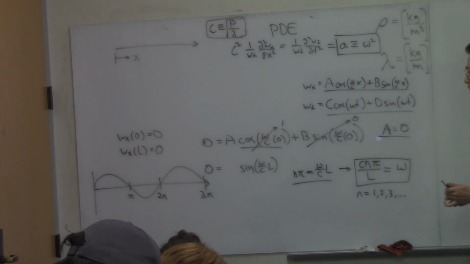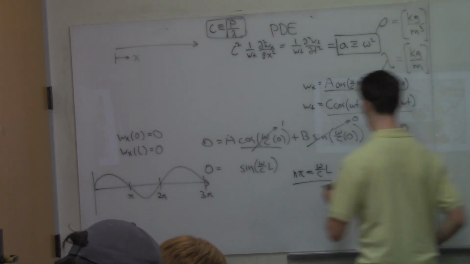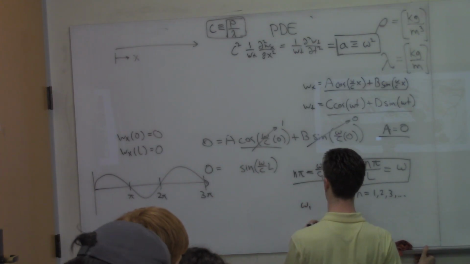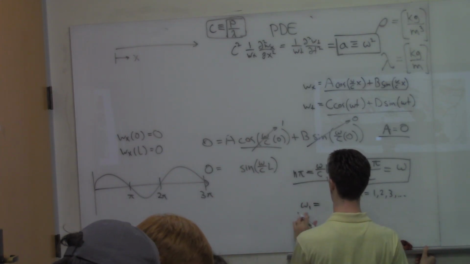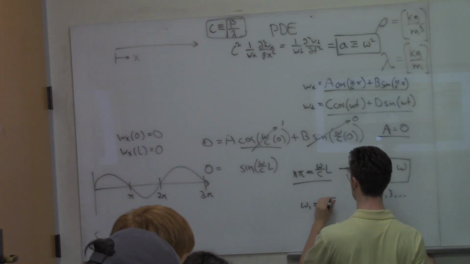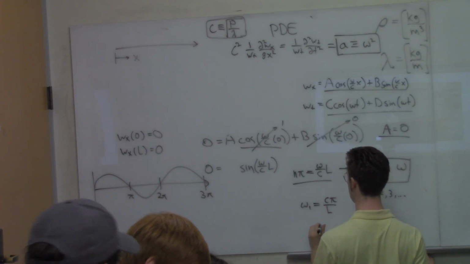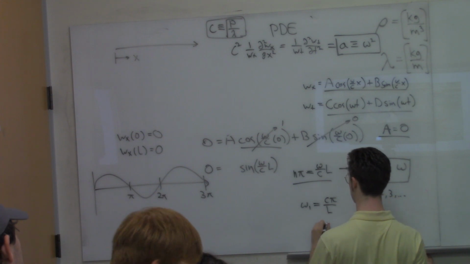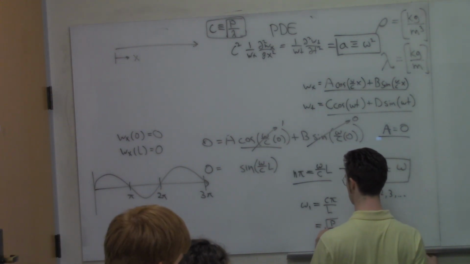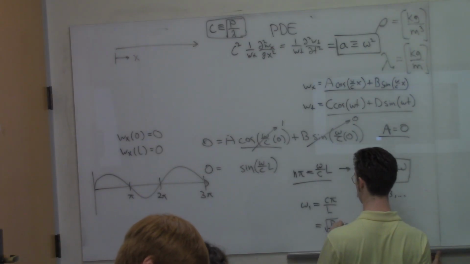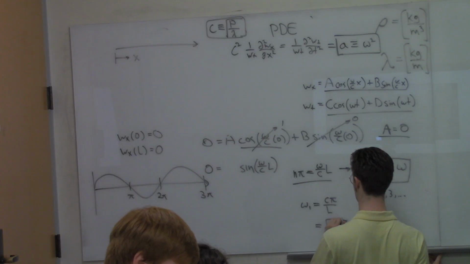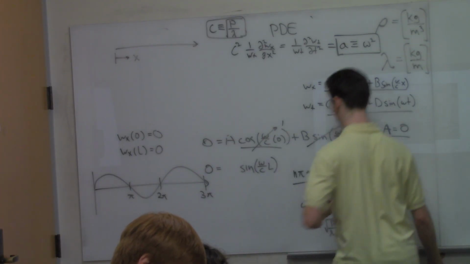So when n is equal to 1, you have your fundamental frequency of the system being equal to c times pi divided by L, which is also equal to the square root of your tension divided by your mass per unit length, times pi over L.